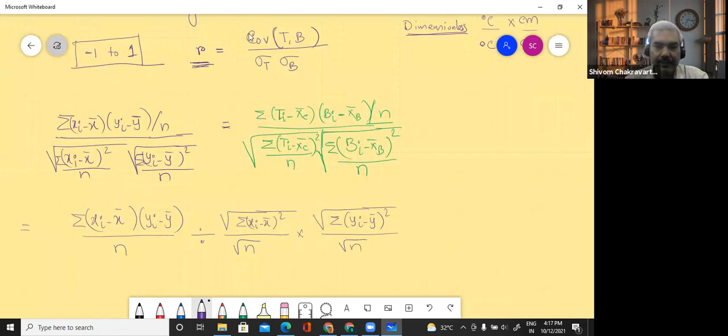And this is division, right? Division means multiplication with the reciprocal of the number. Dividing by a number is the same as multiplication by the reciprocal of the number. So 8 divided by 4 is the same as 8 multiplied by 1 by 4. The same thing applies here.